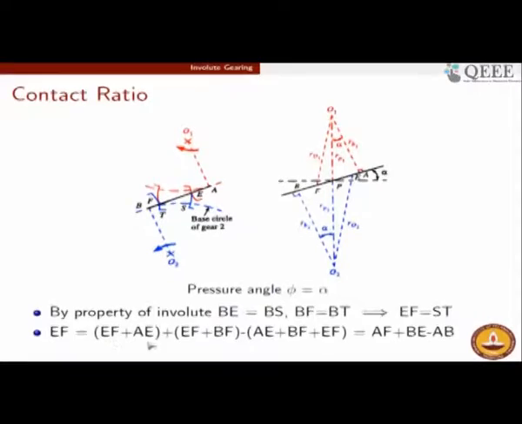Now EF plus AE, EF is this and AE is this, is obviously AF. Similarly EF plus BF is BE, and this last bracketed term AE plus EF plus BF altogether is AB. So EF, which is the length of the contact, is going to be AF plus BE minus AB, and we will determine each of these ratios.